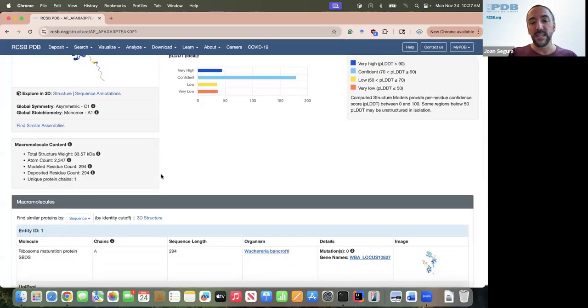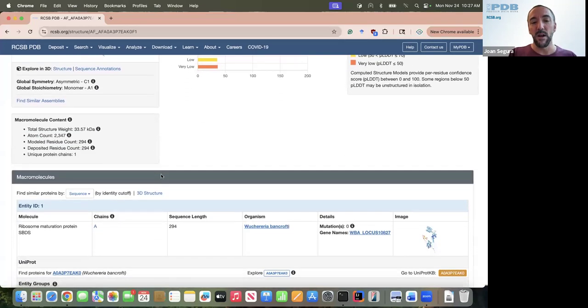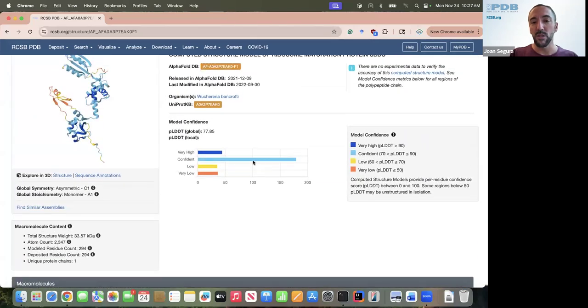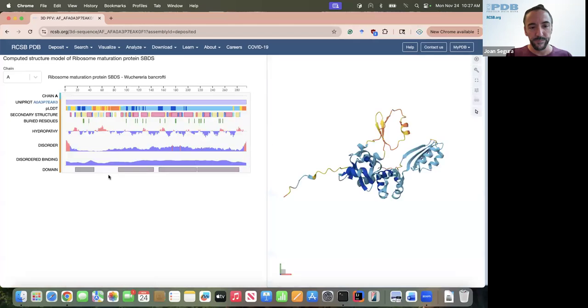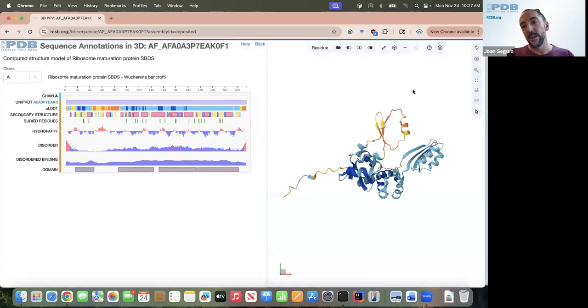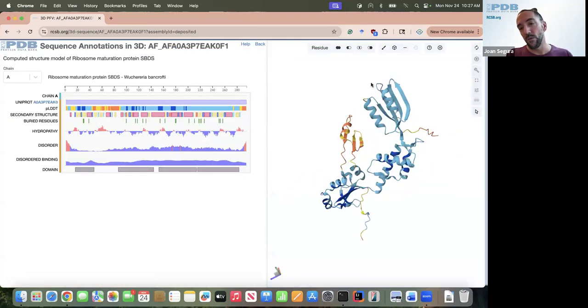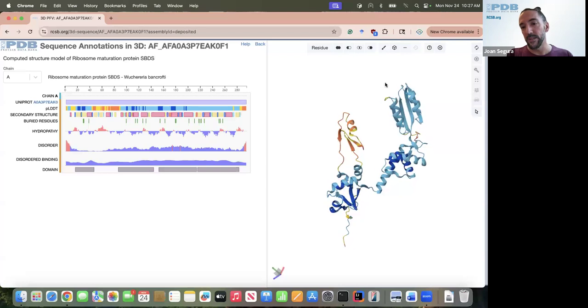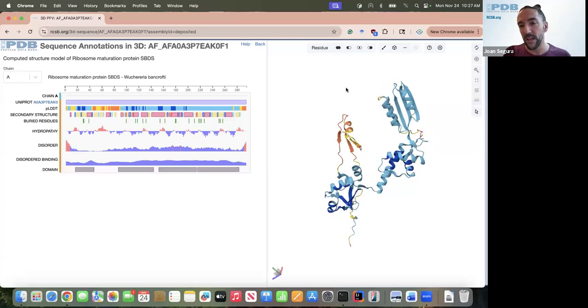In this case, the sequence has around 300 residues, and we can see that more than half of them are defined only as low confidence. So if we go to the 1D, 3D, we could more or less see that this protein has about 4 globular domains.